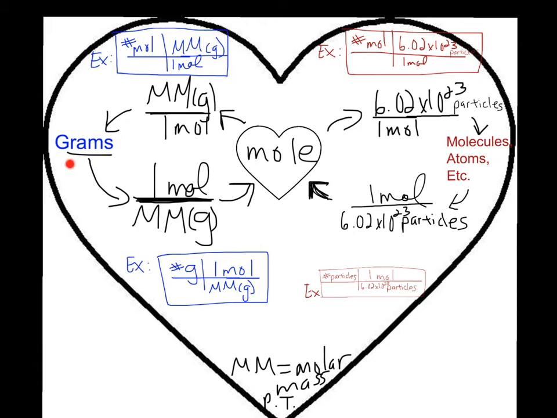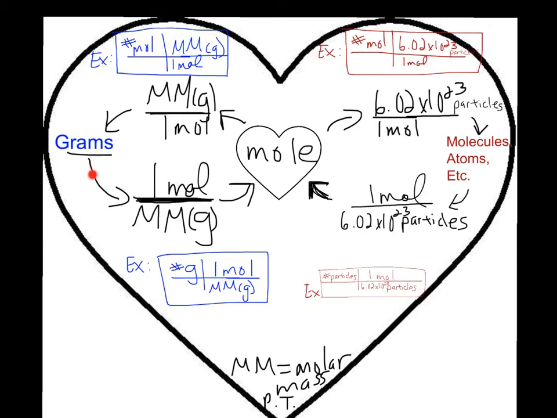But the first thing that I have here is going from grams to moles. Whenever they give you a number of grams, that known is going to go in the upper left-hand corner. This is going to be the conversion factor that you will use to cancel out your grams and be left with that desired unit of moles.